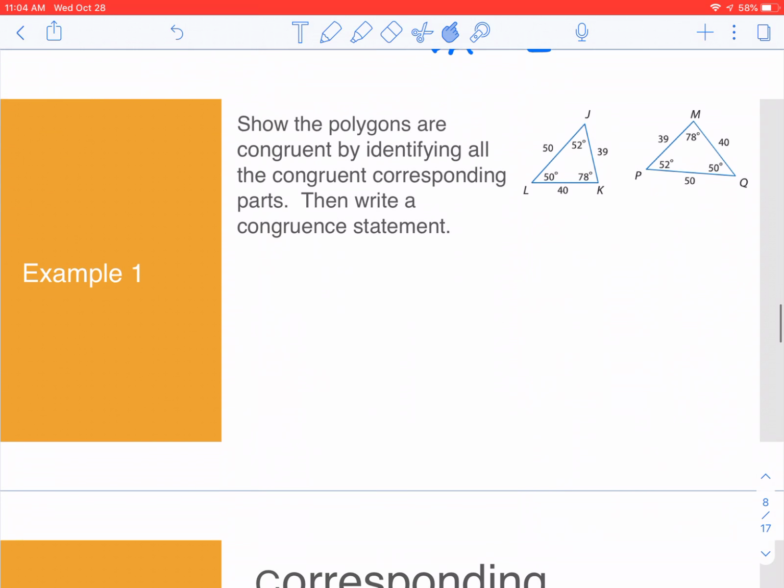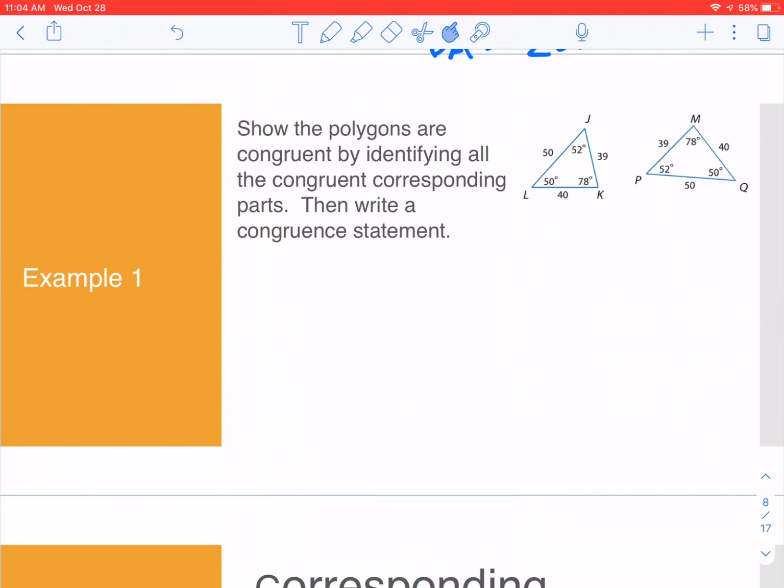Alright, let's try another one. Okay, now I'm using numbers. So we're going to start with angles. Let's go in alphabetical order. So we're going to start with J. J is 52. What's 52 on the other one?